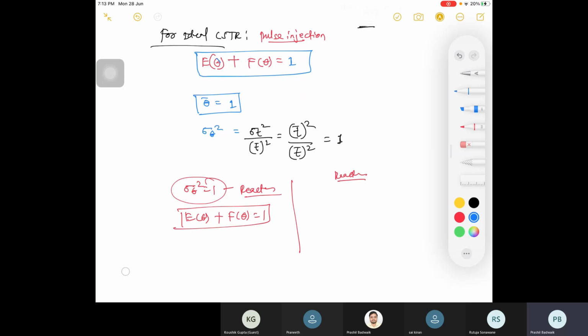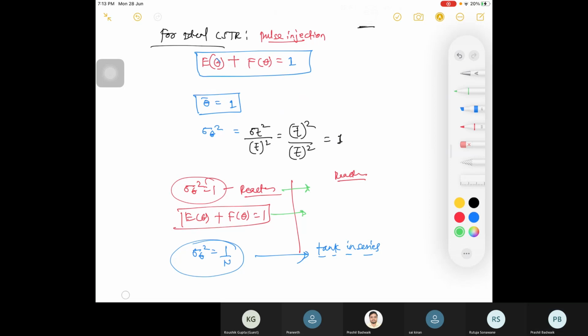They may ask some different value, or suppose your sigma theta square is equal to 1 by n, what is your reactor? So that is your tanks in series model. We'll study these models, but generally they ask, suppose this is the equation, what is the name on the other side? This is the reactor, then what is the condition? So be careful with this.